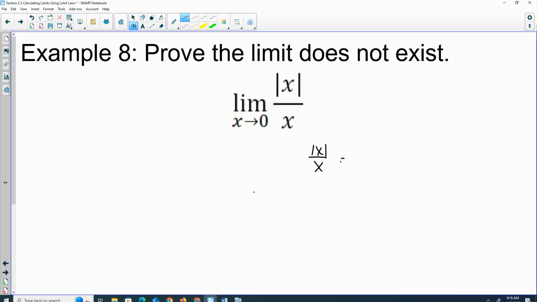So, if you put in a positive number, the absolute value of x is just going to equal x, and x divided by x would be 1. If x is less than 0, the absolute value of x would be the opposite of x.